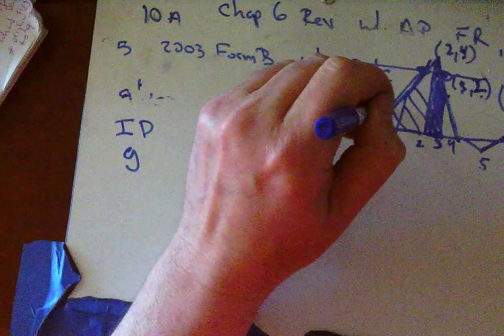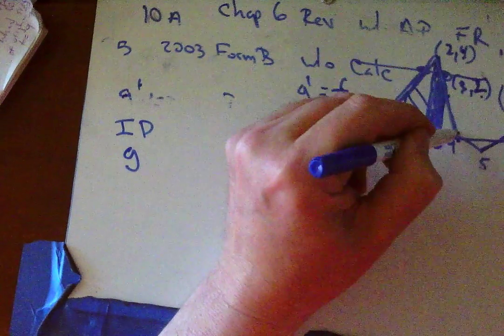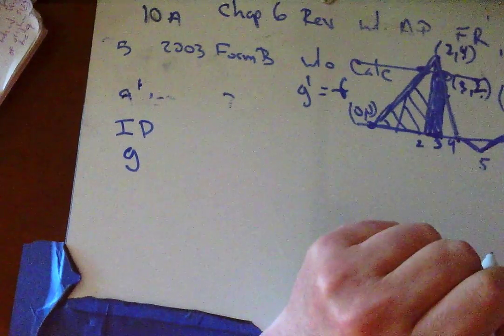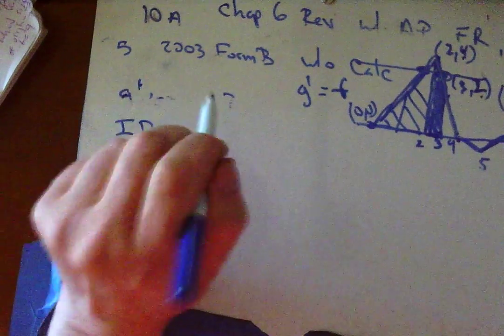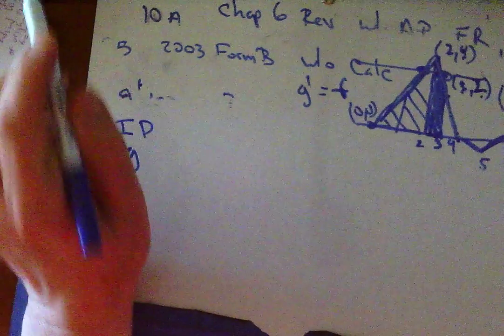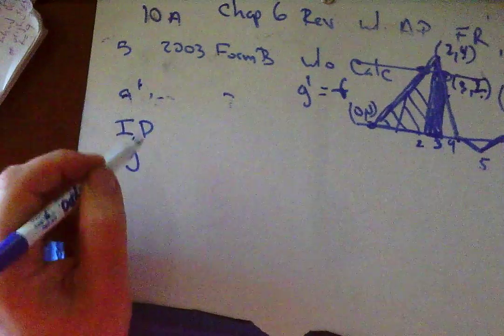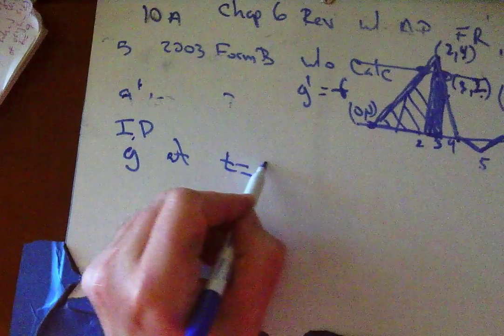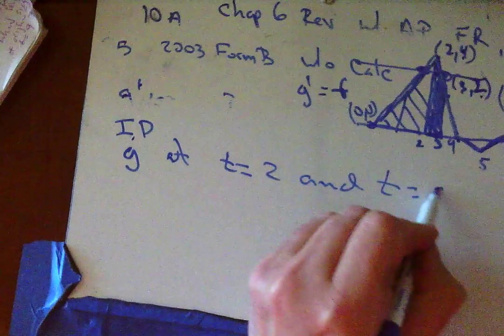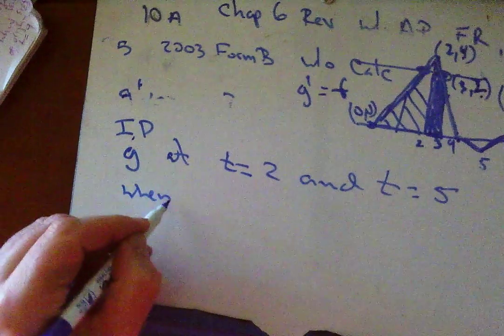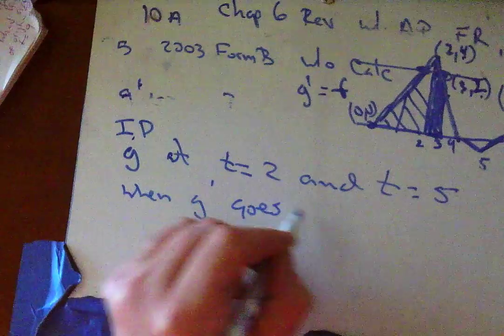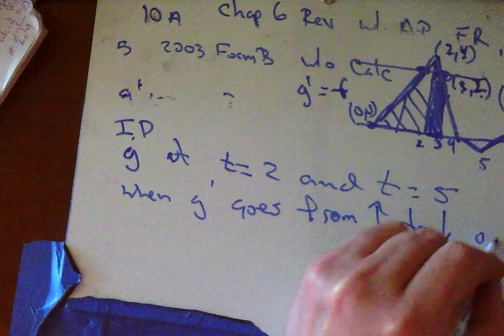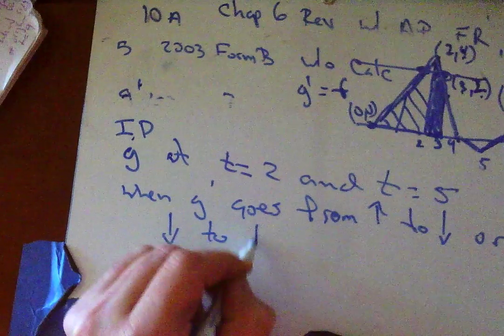Well, remember, when G prime goes from increasing to decreasing, or from decreasing to increasing, those are places where G double prime would be 0 or undefined, and therefore G would have inflection points at t equals 2 and t equals 5, where G prime goes from increasing to decreasing or decreasing to increasing.